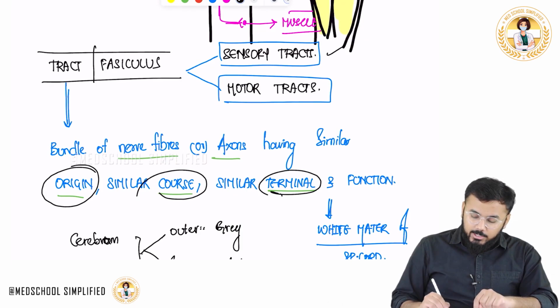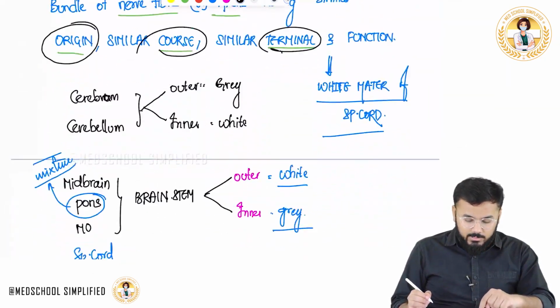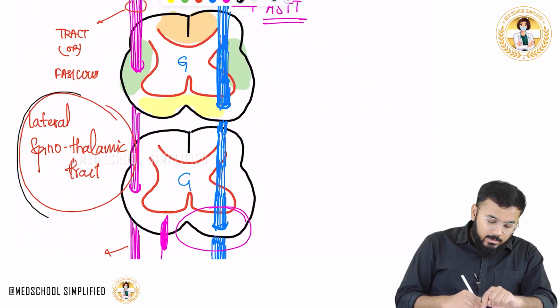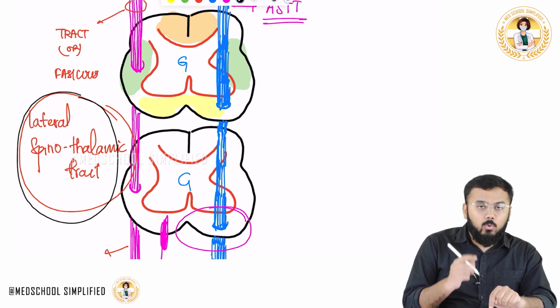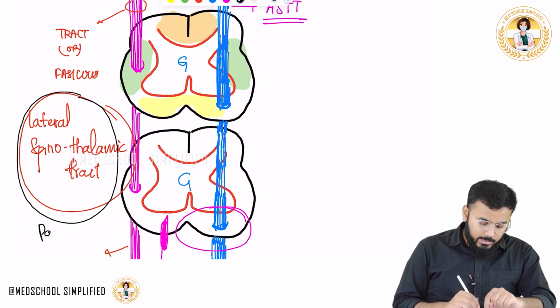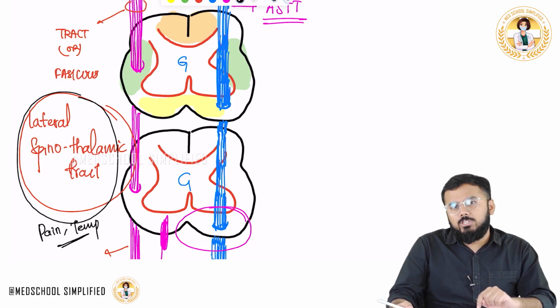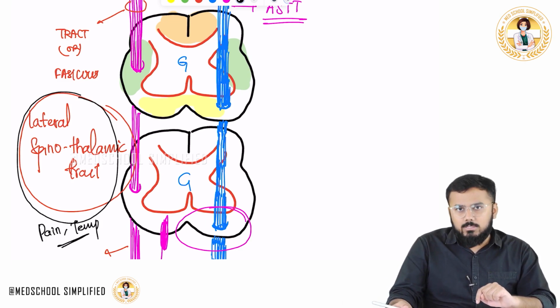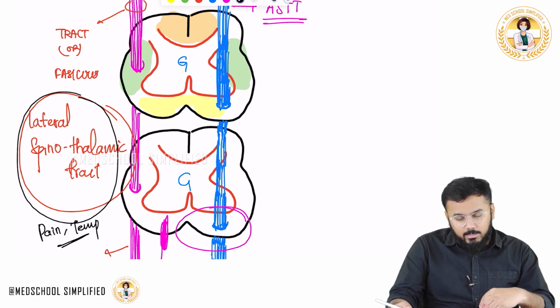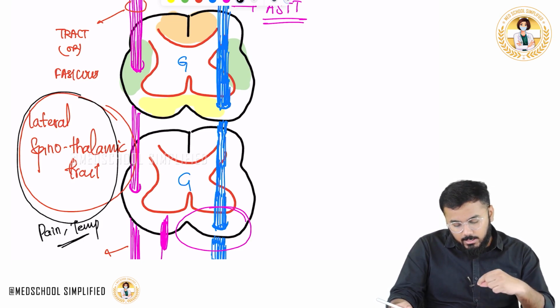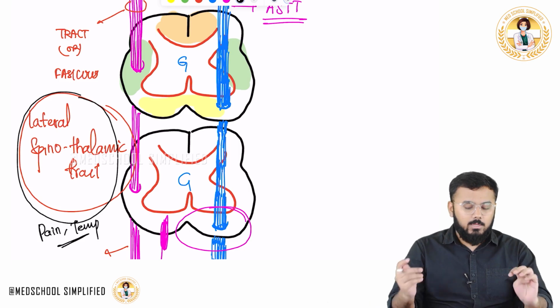And all of them will have the same function, obviously, because the entire lateral spinothalamic tract will have only one function. What is that? Pain and temperature sensation. It will not carry vibration, proprioception, all these things. So the lateral spinothalamic tract takes only one thing, pain and temperature. That's it.